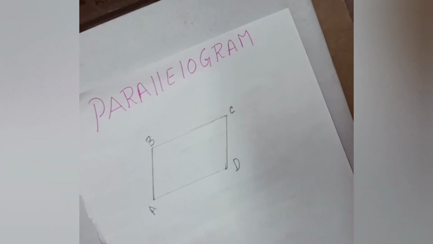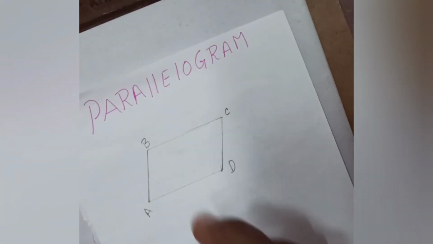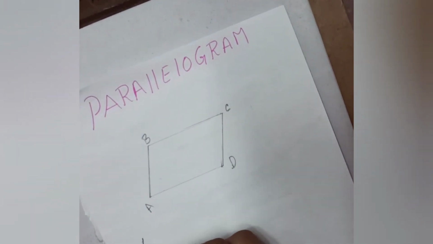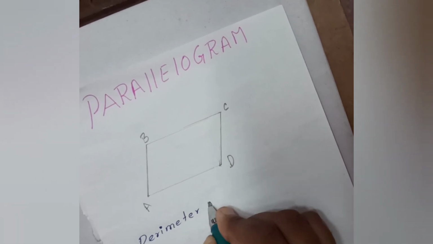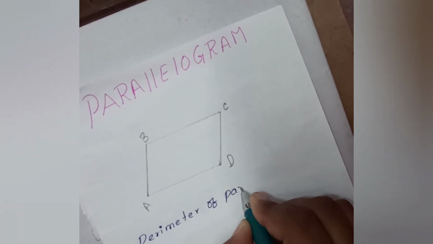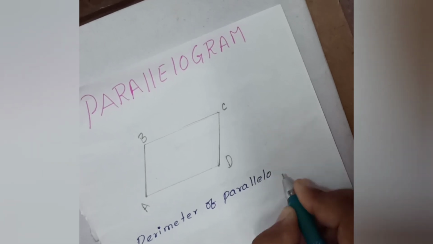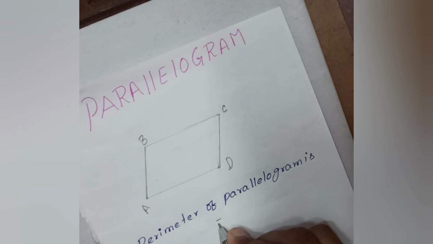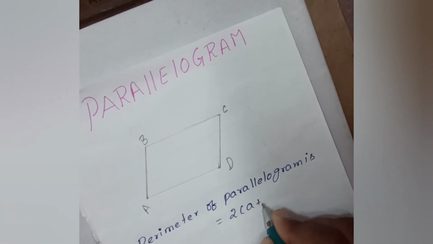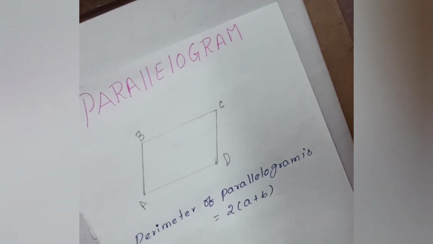A parallelogram is like a rectangle. Here also the opposite two sides are equal. So the perimeter of a parallelogram is 2 into A plus B. Example.